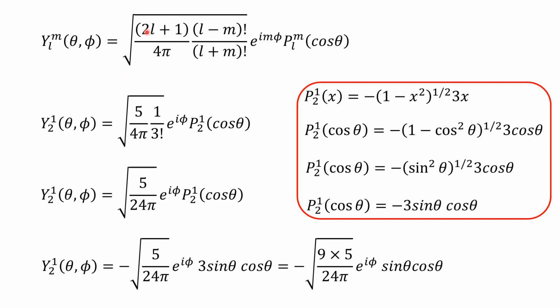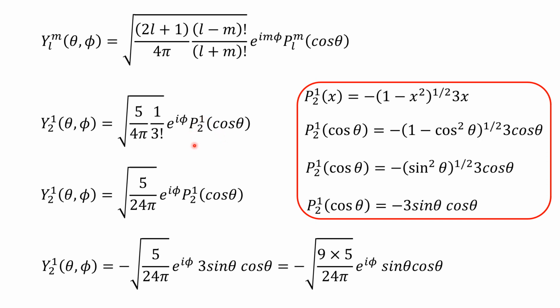Substitute this in the expression. 2L plus 1 is 2 into 2, 4, 4 plus 1, 5, so 5 divided by 4 pi, and in the numerator L minus M is 1 factorial, divided by L plus M, 3 factorial. Here M is equal to 1, so this will become e power i phi. Then next is P_LM cos theta, that is P21 cos theta, because L equal to 2, M equal to 1.